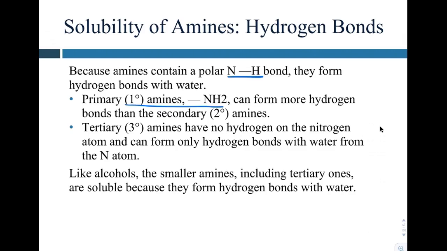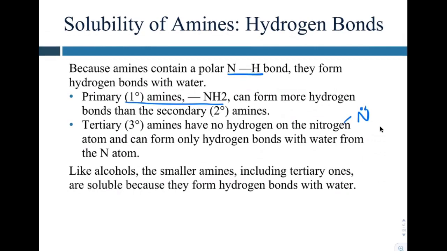Secondary amines only have 1 NH bond, but tertiary amines have no NH bonds, but they do still have N with a lone pair. So they can hydrogen bond with water with only 1 part, but they can't really hydrogen bond with themselves. And that affects their solubility, their boiling points, all those kinds of things.